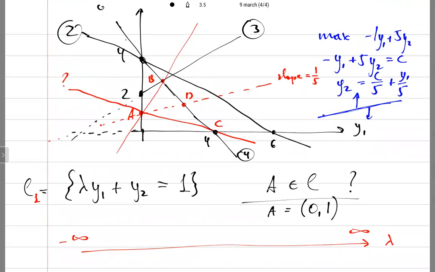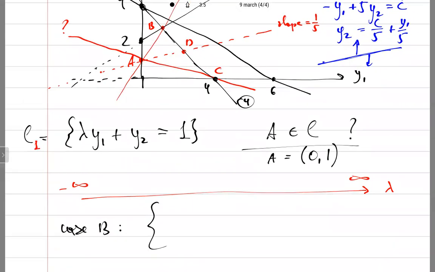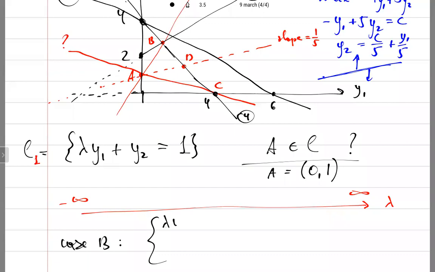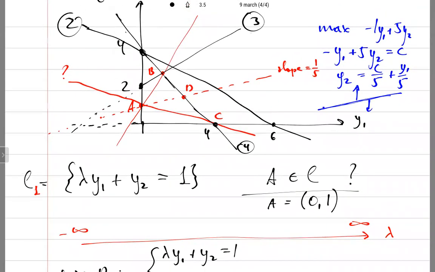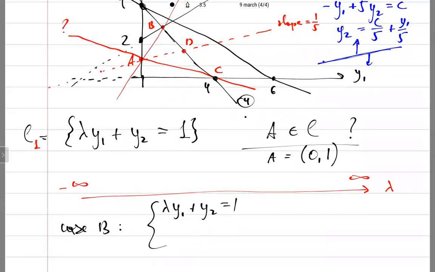Case B happens when I have intersection of all the lines. So I have intersection of line 1, lambda y1 plus y2 equals 1. I have intersection of line 3 and line 4. I've forgotten the line number 3.